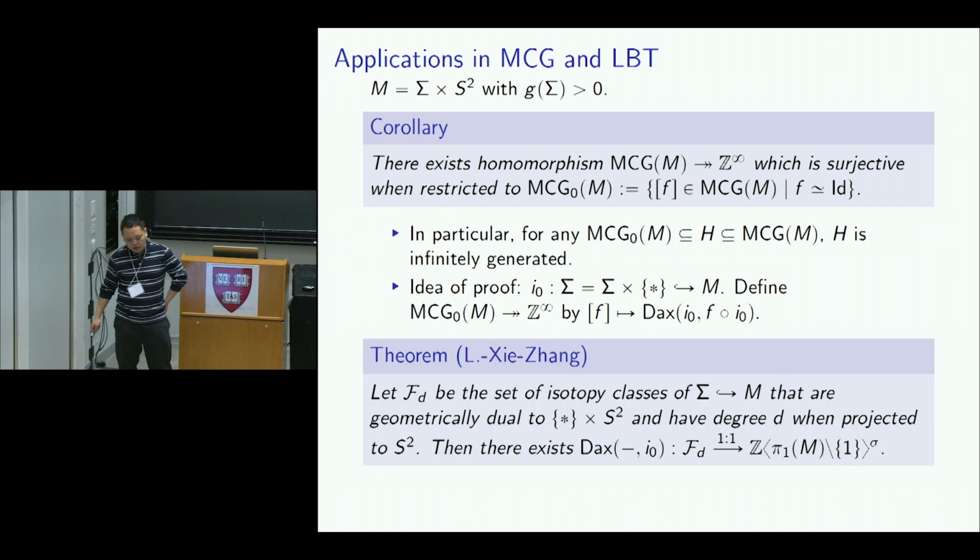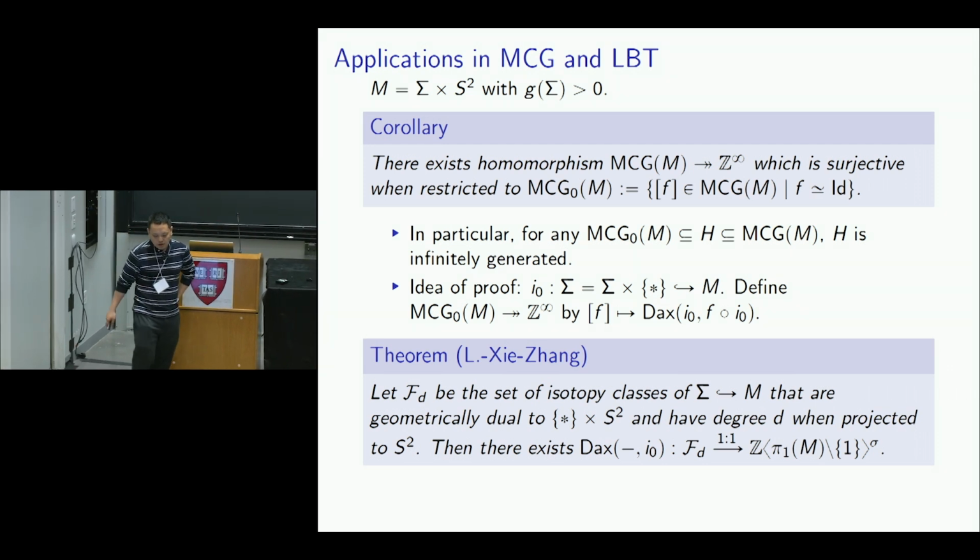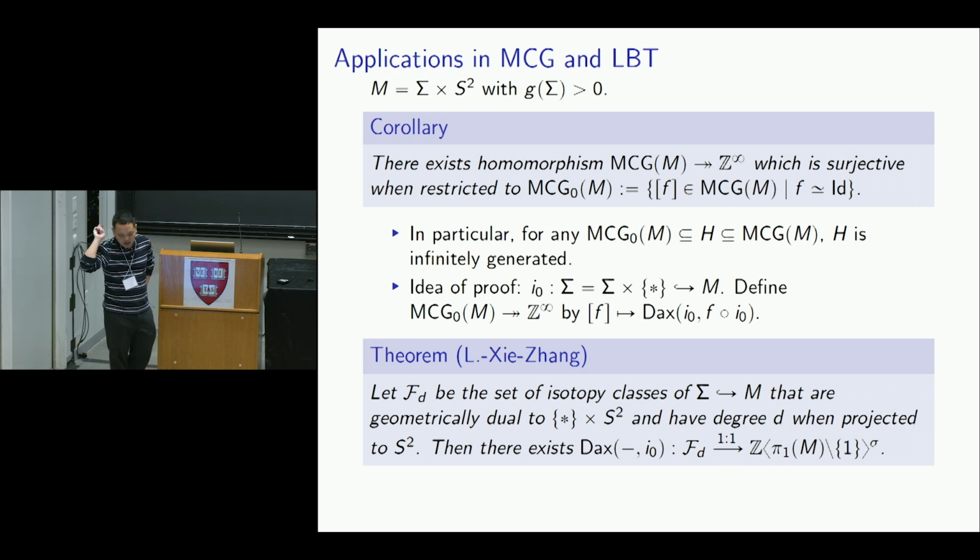And another result is that, let's consider the set of isotopy classes of embedded surfaces which are geometrically dual to this point across S2 and have mapping degree D in the S2 direction. Then it turns out we have a complete classification of such surfaces up to isotopy.